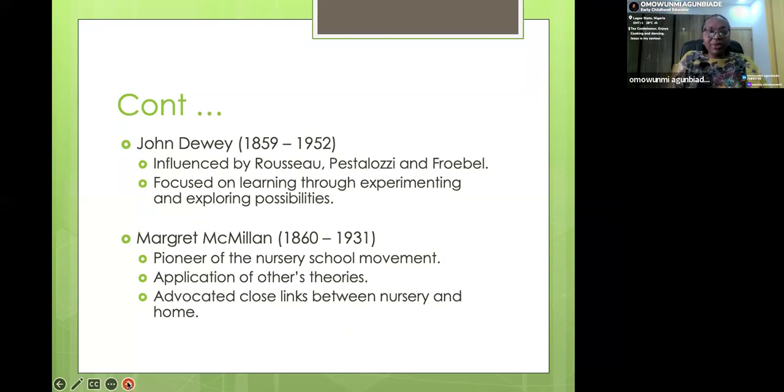So we have John Dewey here also, and you find that a lot of these philosophers were influenced by previous philosophers. Most of the time, they study, read through, and then develop further on what they have learned, which was, of course, what Maria Montessori did. She had to expand on her own research to develop her method.